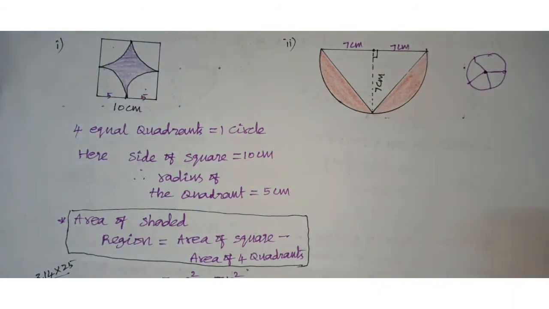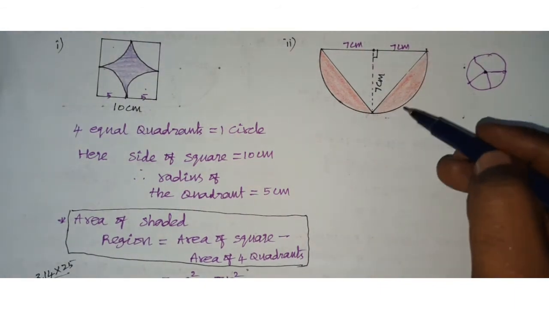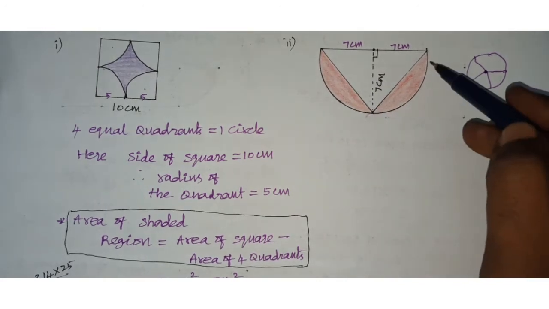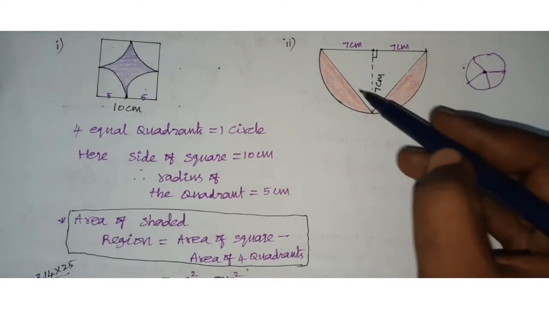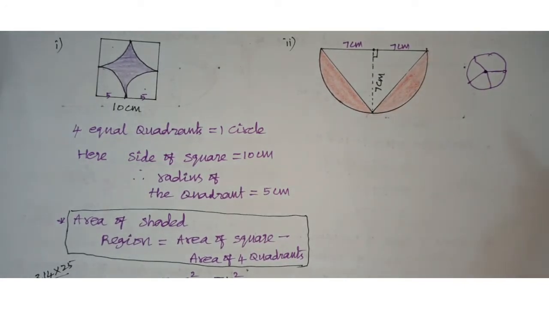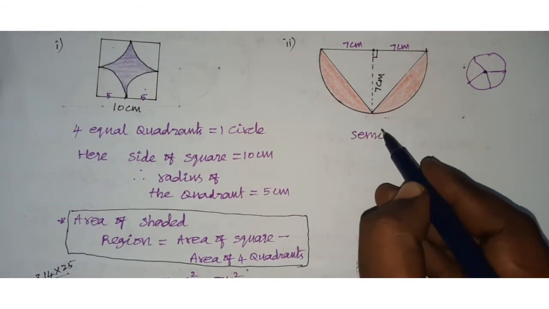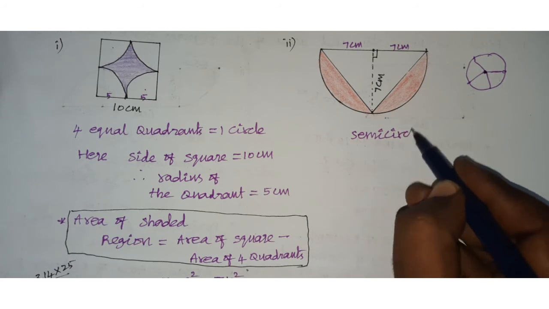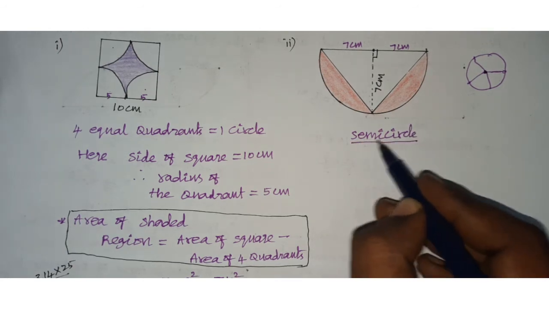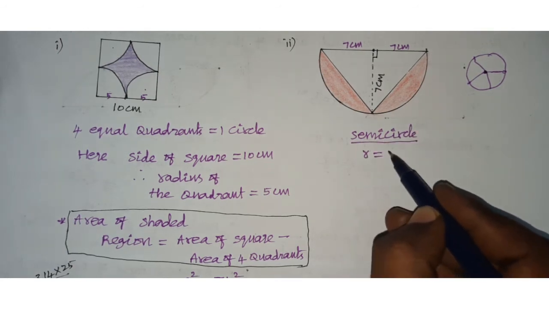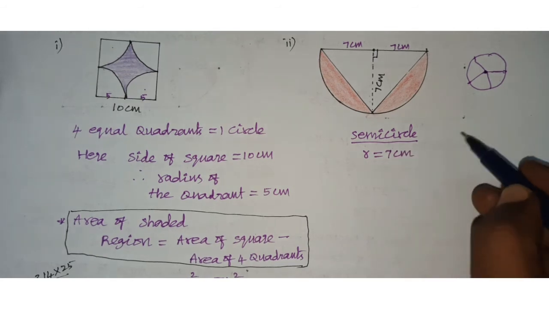Okay. So here, how can we find the shaded region? Total area of the semicircle minus area of the triangle. Here we can write the headings like this. Semicircle. What we need for semicircle? Radius. R equal to 7 centimeter.